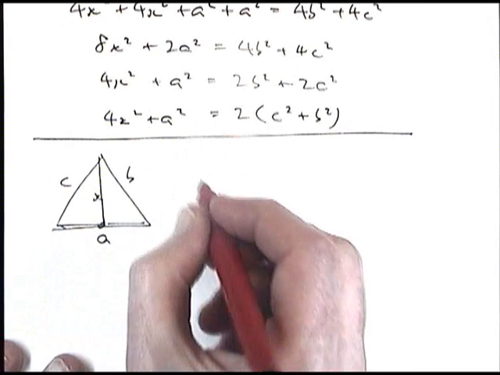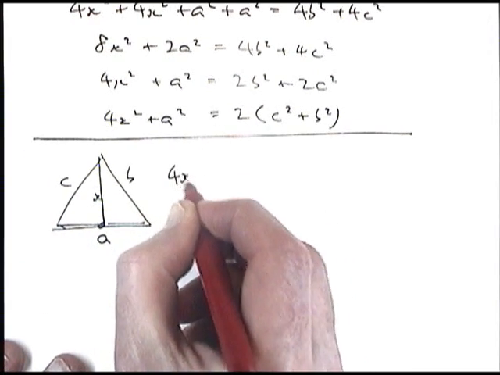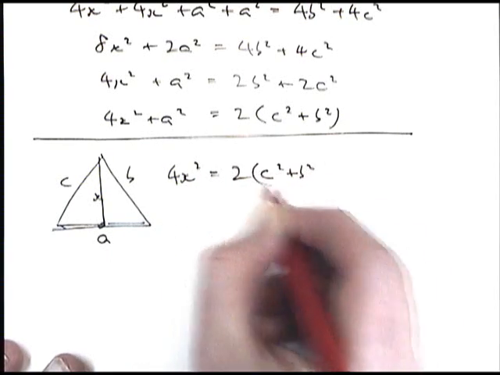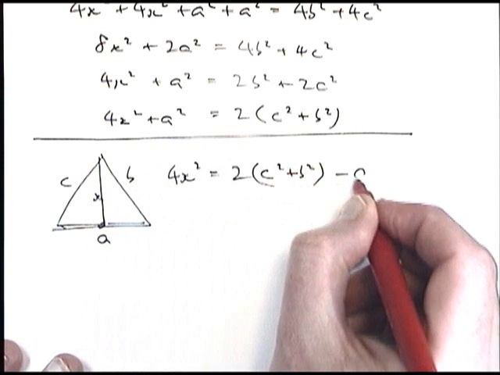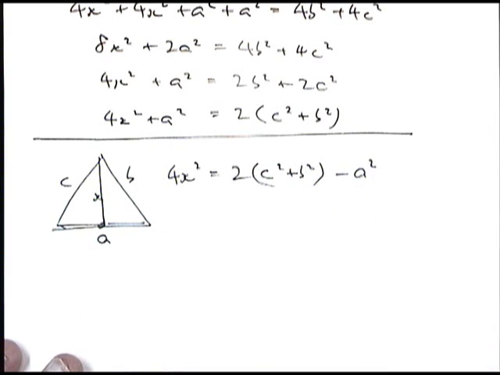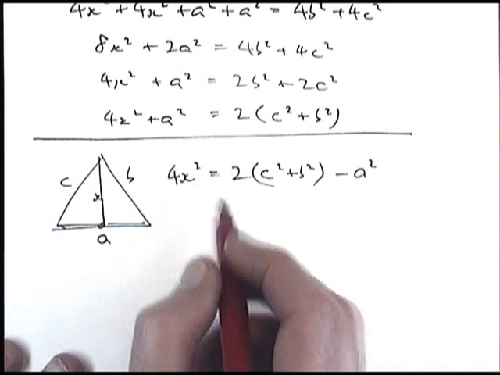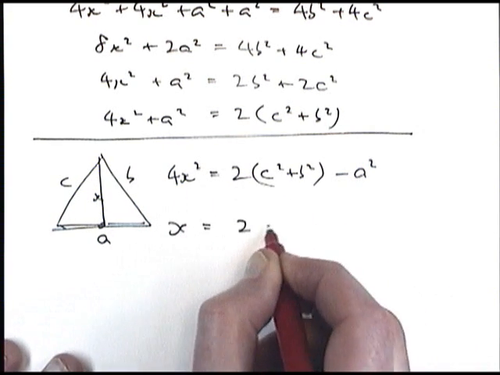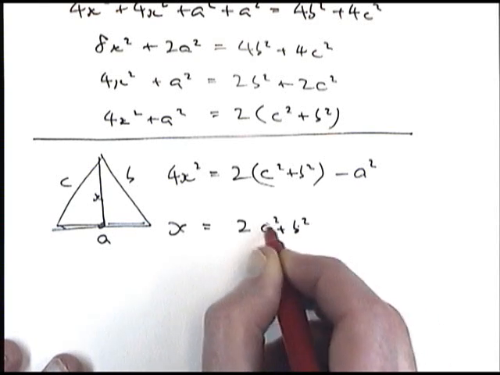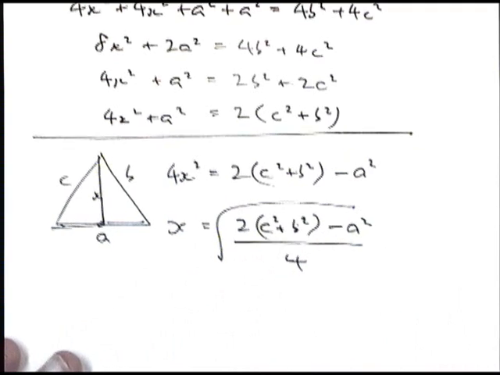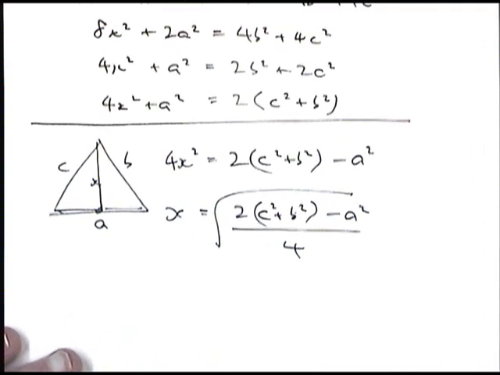Using what I had in the last one, I can rearrange it so that the X is the only thing on the left by taking that a squared across. Now if I divide the right hand side by 4 and then square root it, I'm going to get x. I've now got an expression for x.